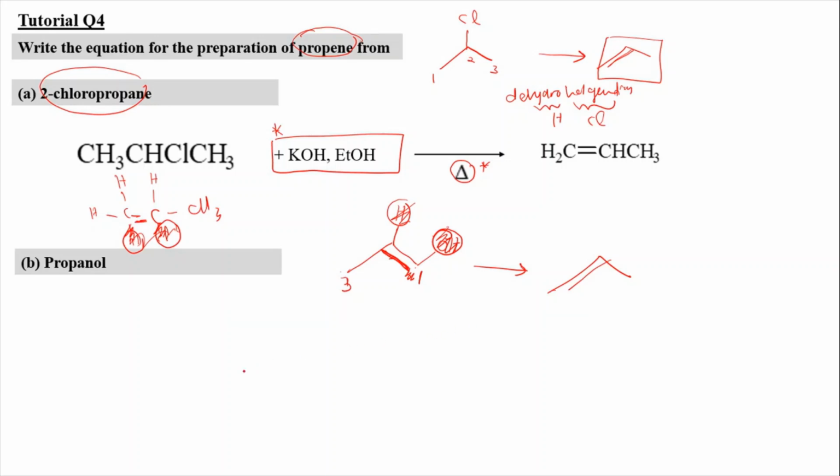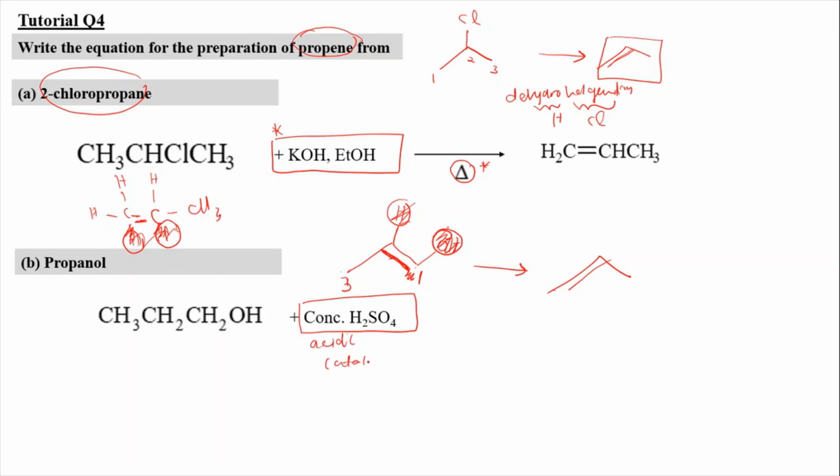Let's say I draw the molecule of propanol in the condensed structure here, and then react it with the reactant, which is concentrated H2SO4, acting as an acidic catalyst. The reactant here needs to be written separately, and then this is going to produce the product. This reaction happens at high temperature.